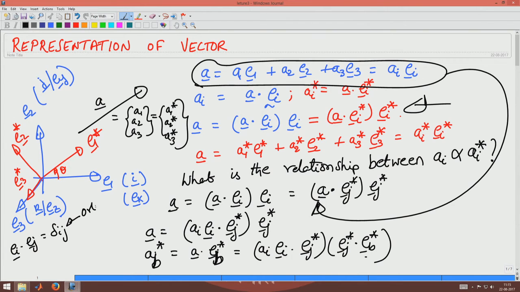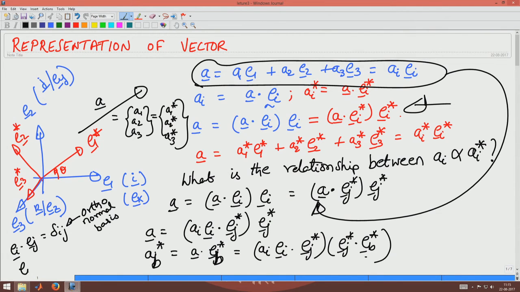The bases are orthonormal, that is the magnitude of each of these basis vectors is 1 and they are mutually orthogonal. E1 dot E2 is 0, E2 dot E3 is 0, E3 dot E1 is 0. So they are mutually orthogonal and the magnitude of each of these vectors is 1, that is what orthonormal basis means here.